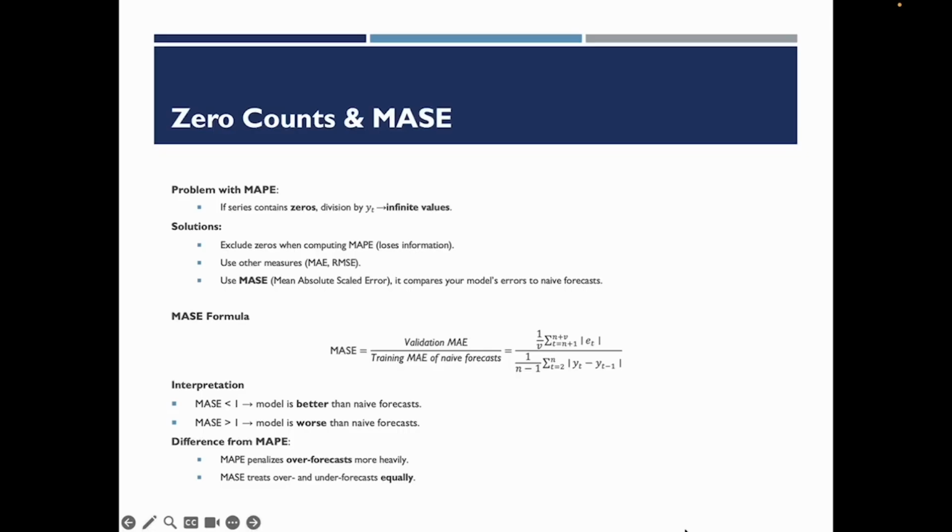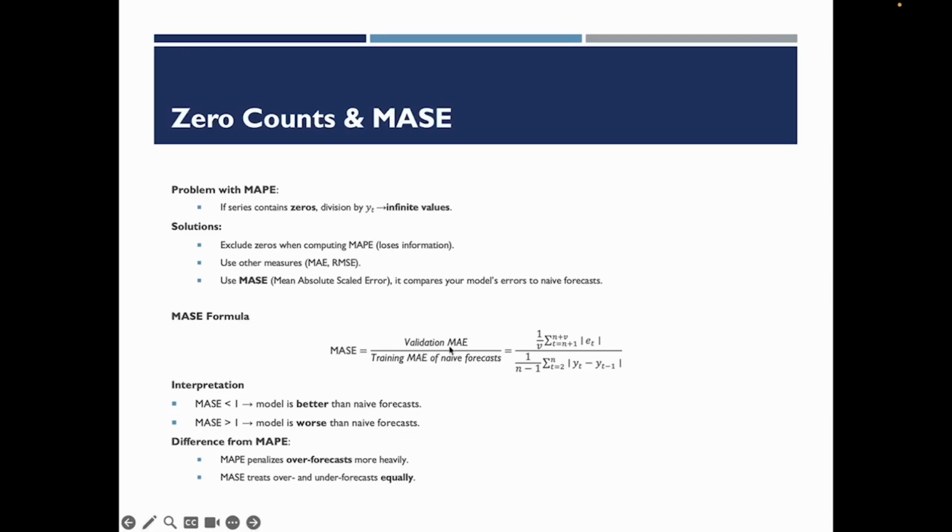MAPE gives heavier penalties to positive errors, cases where the model overforecasts. MASE treats positive and negative errors equally. So that's one of the differences. That makes it a more balanced measure. So in simple words, MASE tells you how wrong my model is on the validation period divided by how wrong naive is on the training.